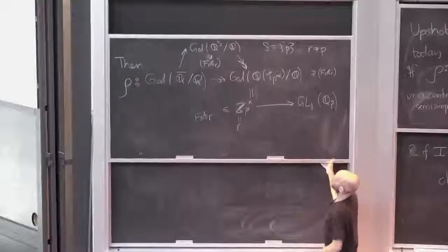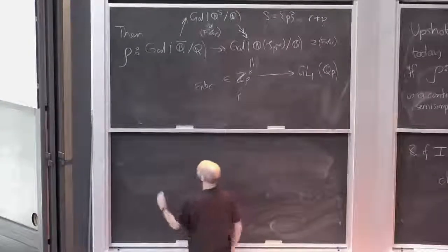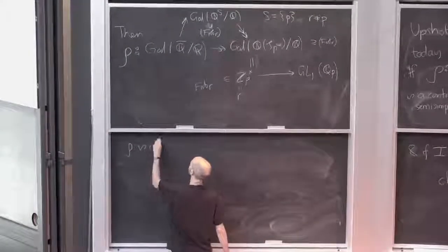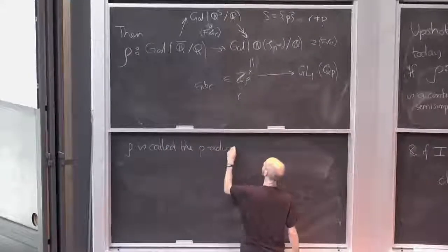So there's a complicated one-dimensional Galois representation called the p-adic cyclotomic character.